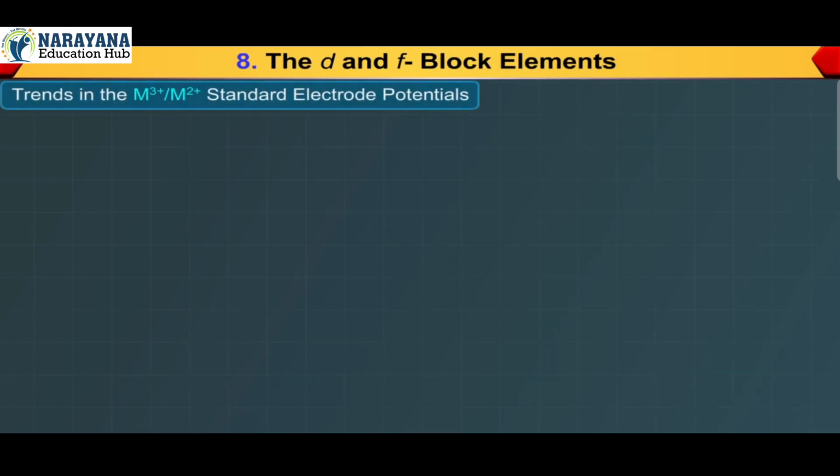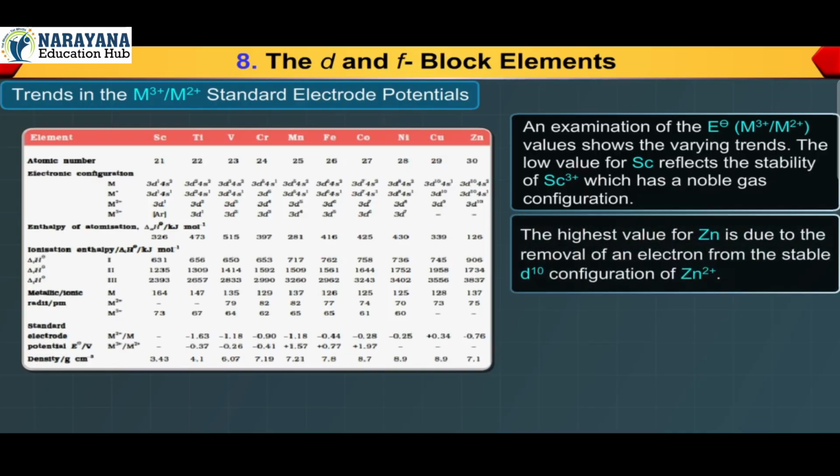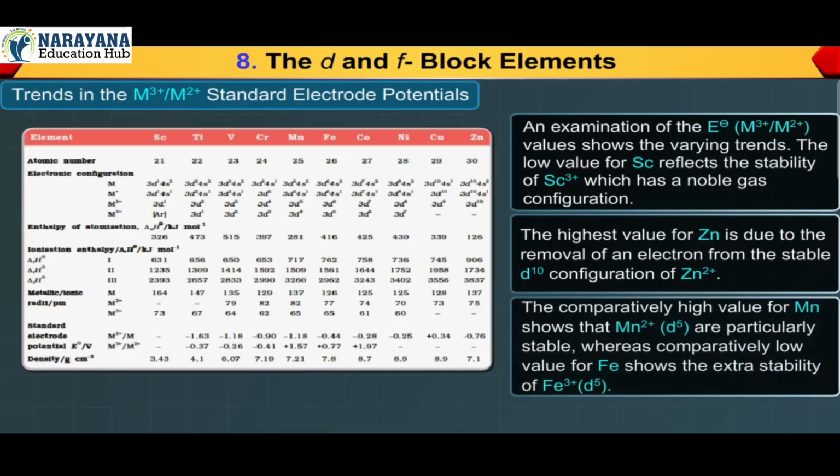Trend in the M3+/M2+ standard electrode potentials. An examination of the E° values for M3+/M2+ shows varying trends. The low value for scandium reflects the stability of Sc3+, which has a noble gas configuration. The highest value for Zn is due to the removal of an electron from the stable d10 configuration of Zn2+.